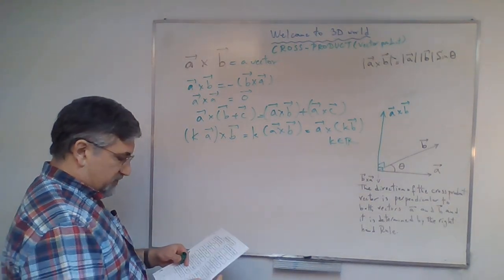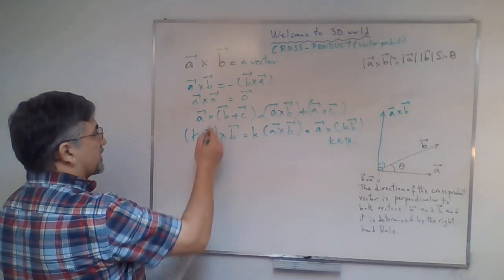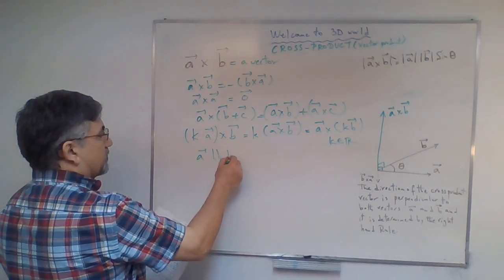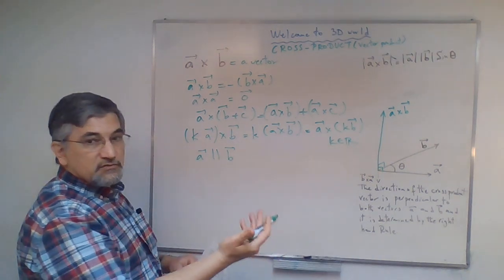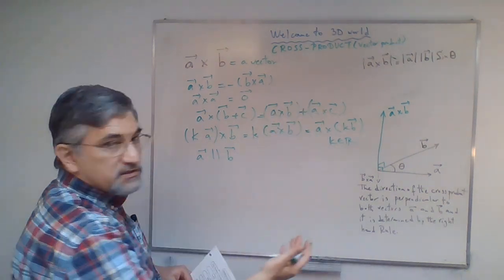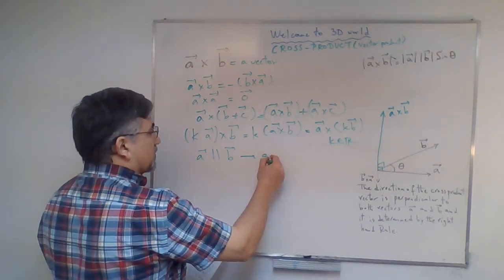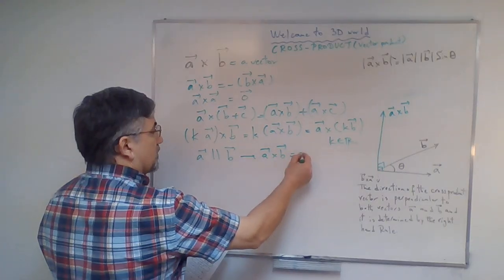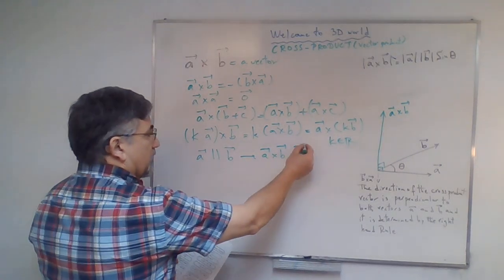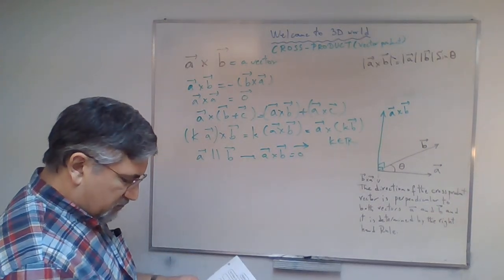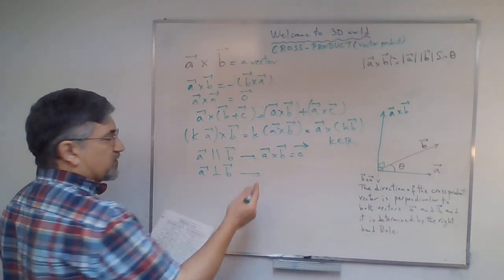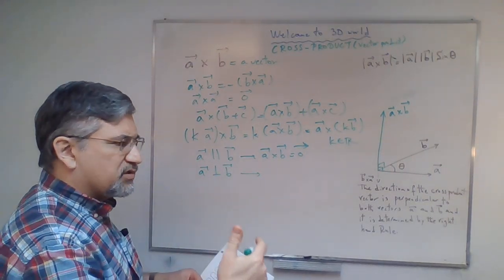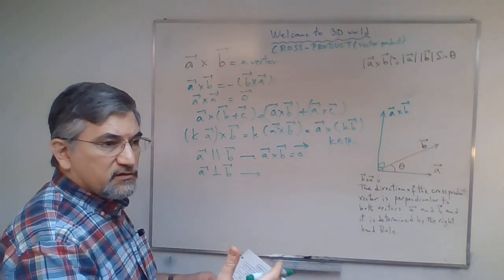So if two vectors are parallel, they're making an angle of 0 degrees. We said that sine of 0 is 0, therefore their cross product is going to be 0. But if they're perpendicular, you remember that the dot product of two perpendicular vectors was 0.